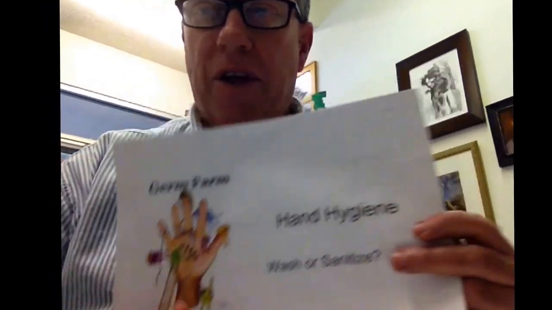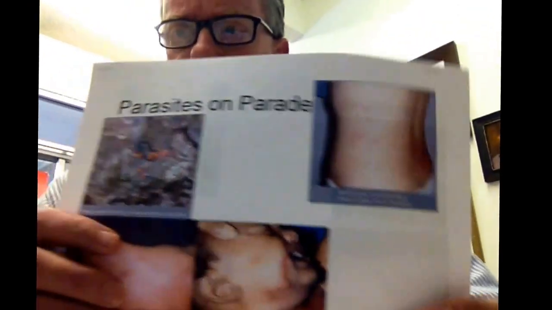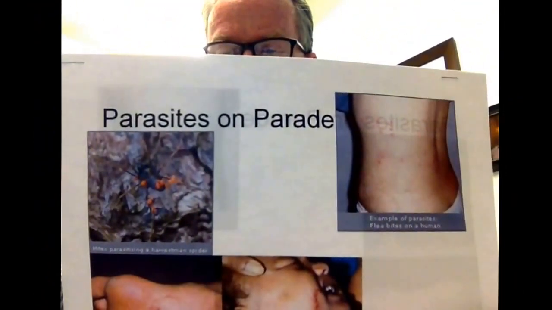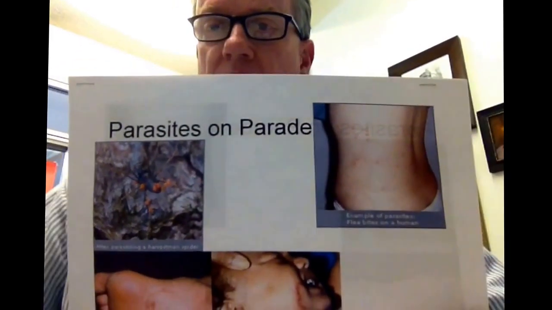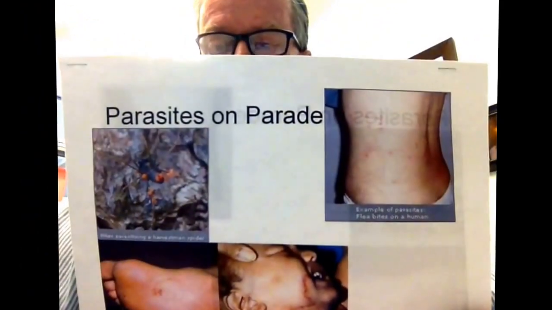So here we are, we're underway in our study. Not necessarily logical, but on my mind are some of the parasites to which we're vulnerable. This is a particular case of flea bites.